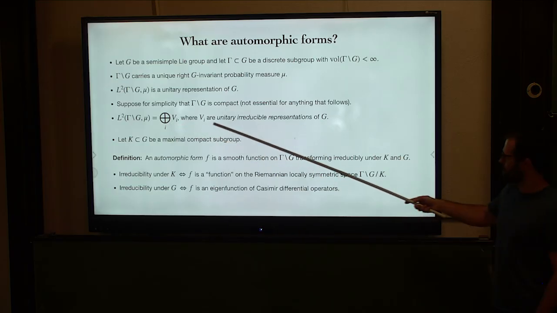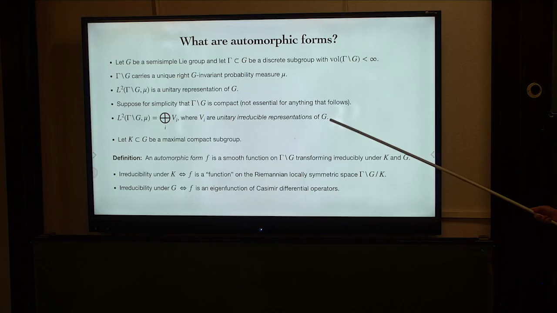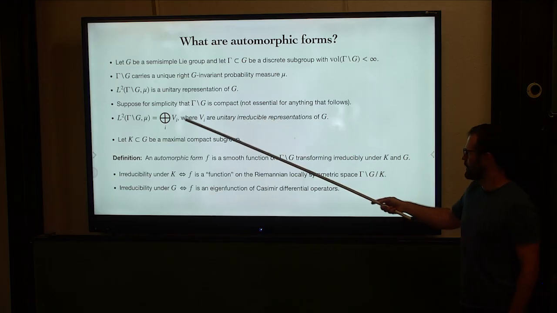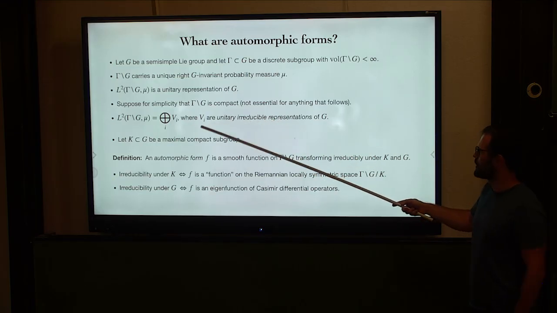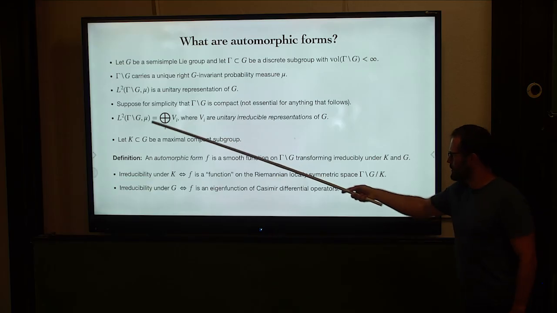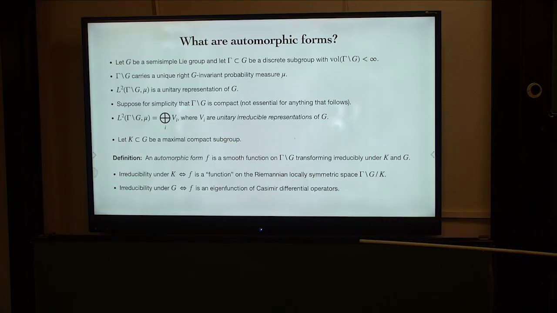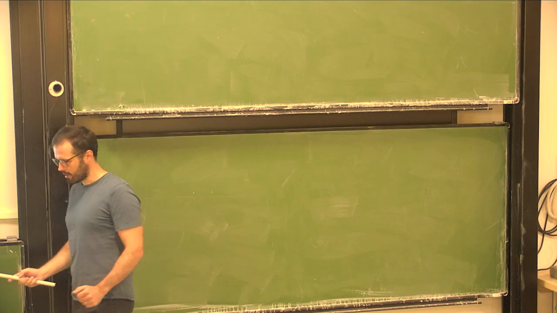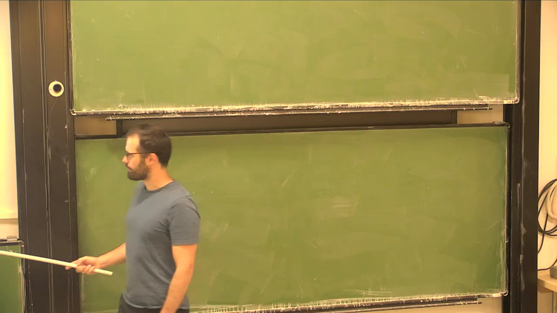Right? So these V_i are unitary irreducible representations of G. They are themselves infinite dimensional, and in this case, this Hilbert space decomposes discretely in analogy with the Hilbert space of a compact unitary CFT on S^{d-1}.